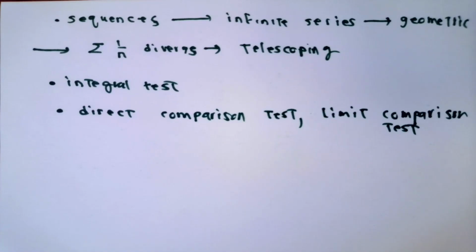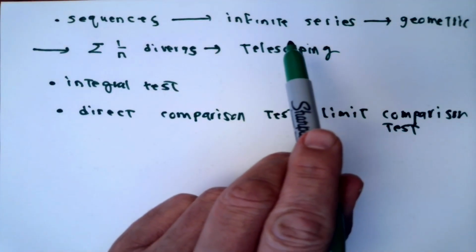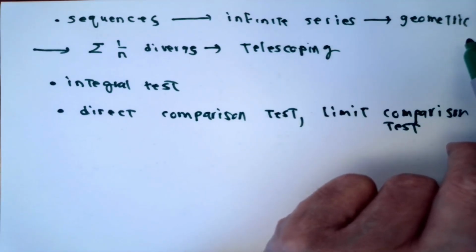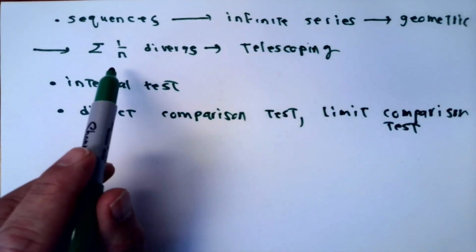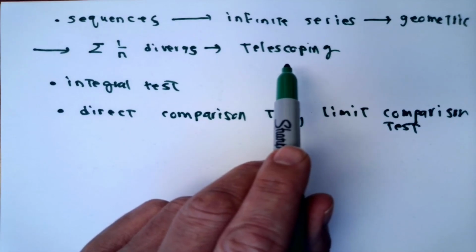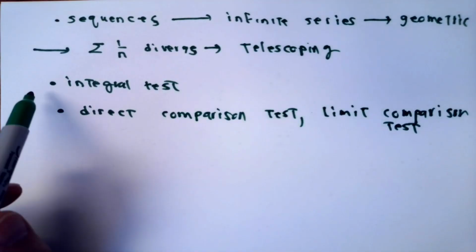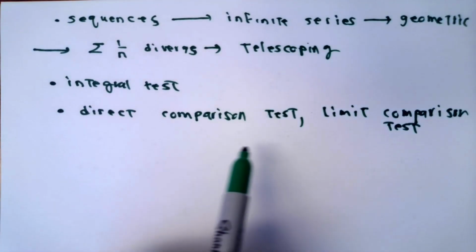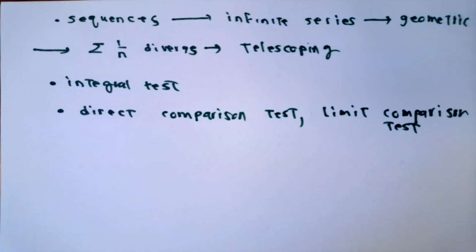A roadmap of where we've been so far with this subject is we initially talked about sequences, which led us into the idea of infinite series, in particular geometric series, the discovery that the harmonic series diverges, and telescoping series. Then we looked at the integral test, most recently the direct comparison test and the limit comparison test.